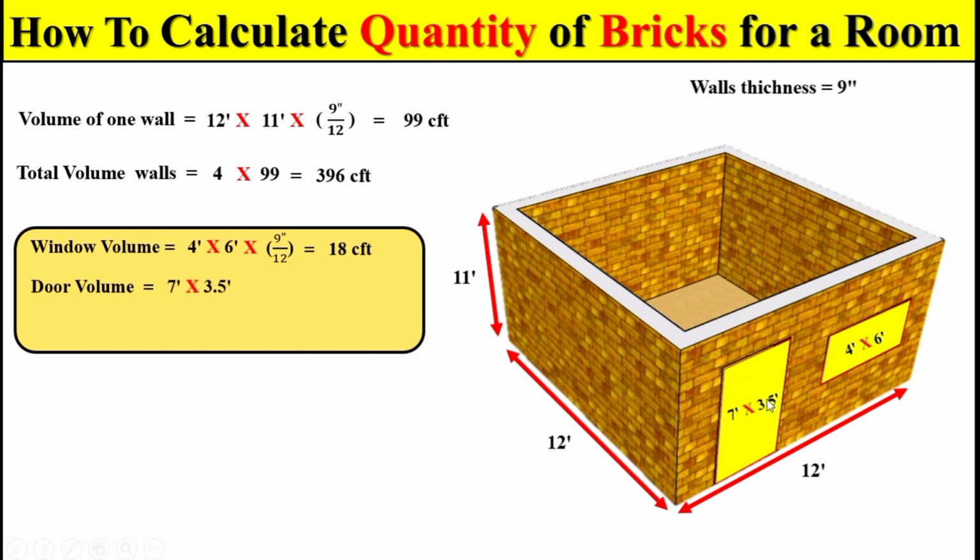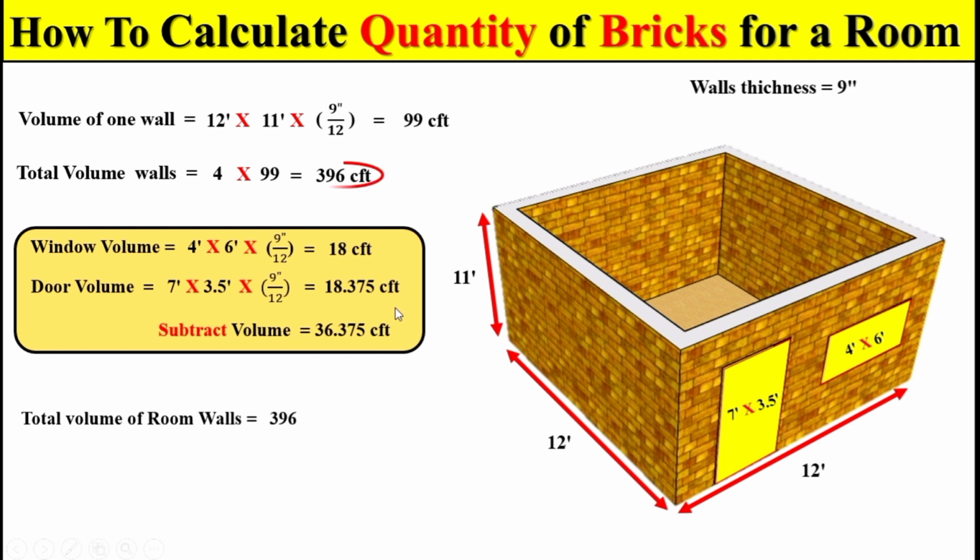If we multiply this surface area with the wall thickness, which is 9 inches, we get the total volume of this door. Now dear students, if we add these two volumes, we get the total subtract volume of 36.375 cubic feet.